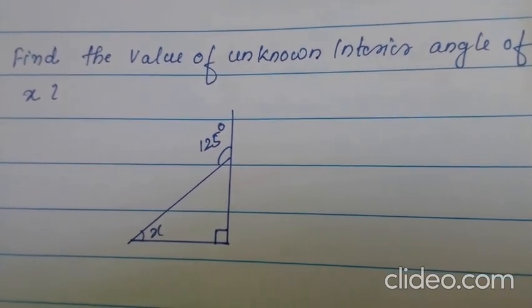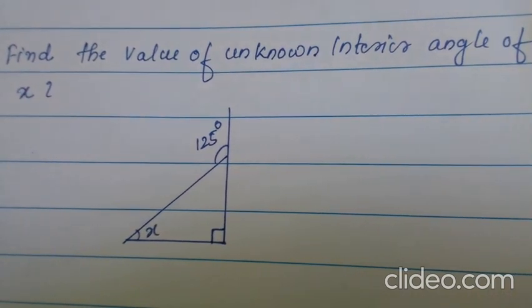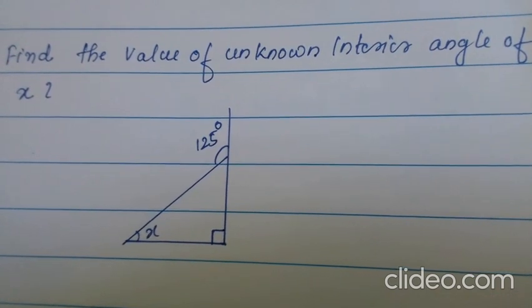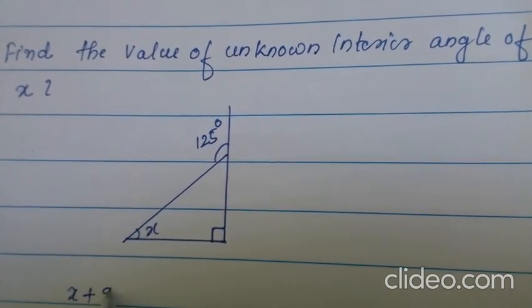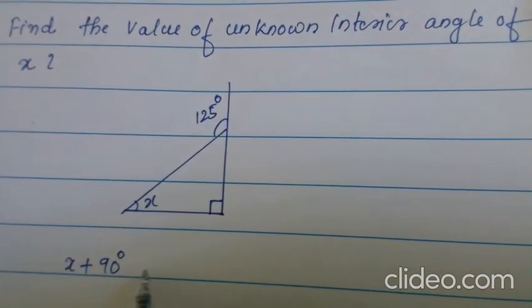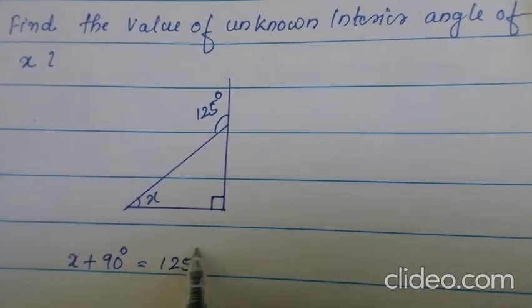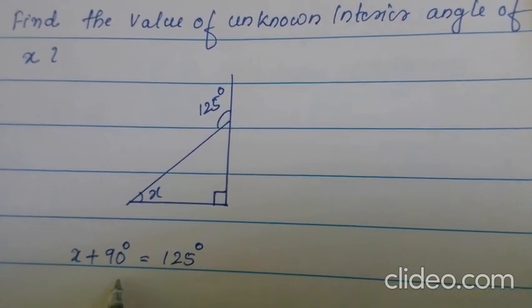Is it? So we already know sum of the interior opposite angle is equal to exterior angle. In this case, which are the interior angle? X plus 90 degree. This is right angle plus 90 degree is equal to external angle is 125 degree. This is right angle, that's why it came 90 degree.